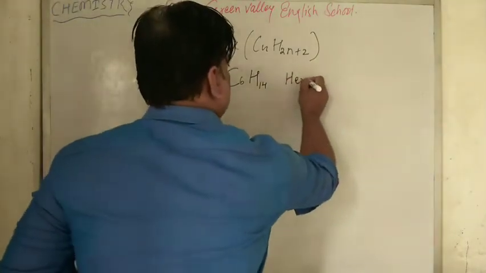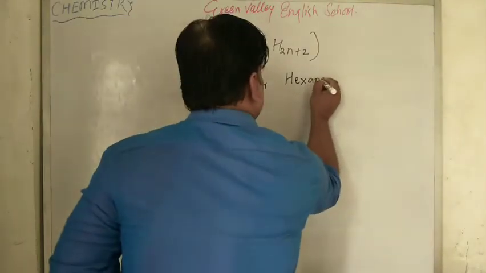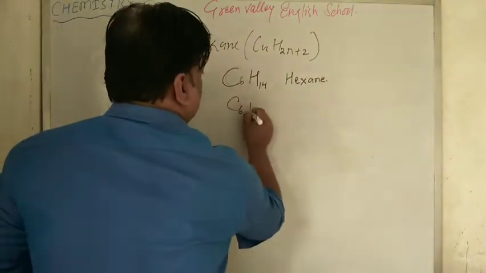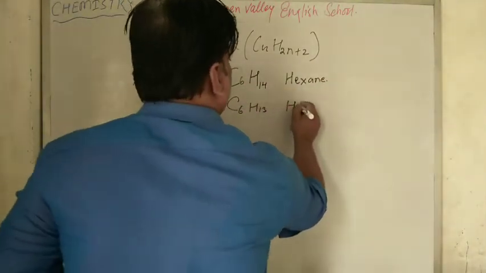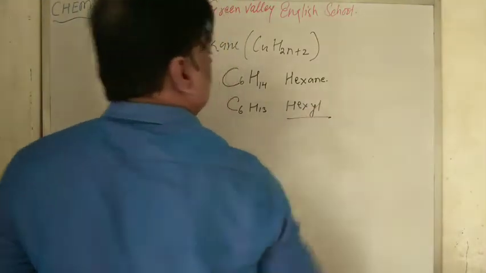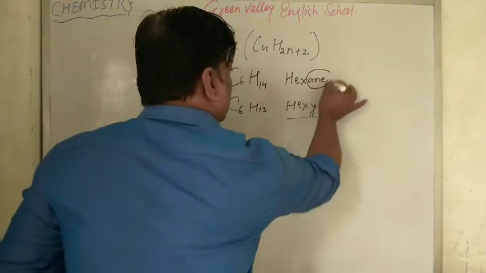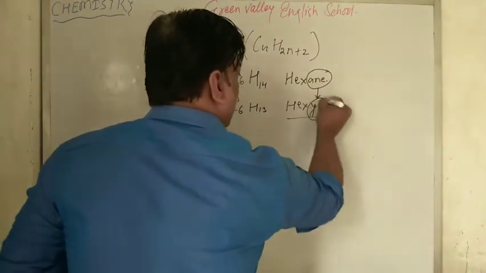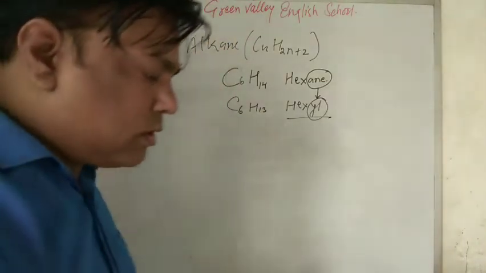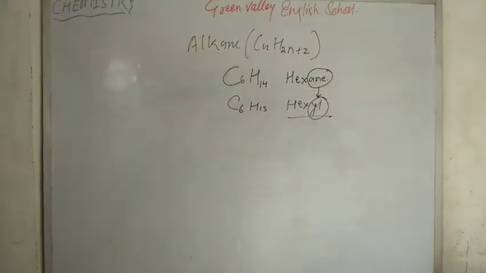Root word is hex, so it is called hexane. If I remove one hydrogen, it becomes C6H13. Name is hexyl. So that's why it is called alkyl group. ANE is replaced by YL. So that is our first functional group, alkyl group.